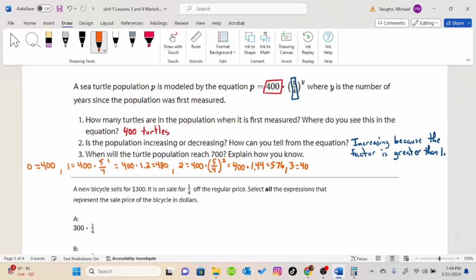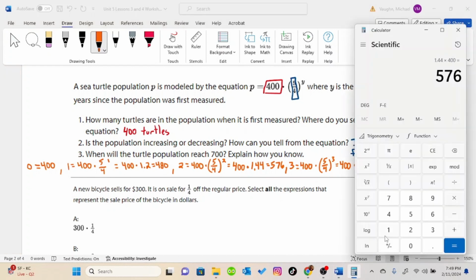That's going to be 400 times 5 fourths cubed, which equals 400 times, now we have 1.2 cubed, which equals 1.728.